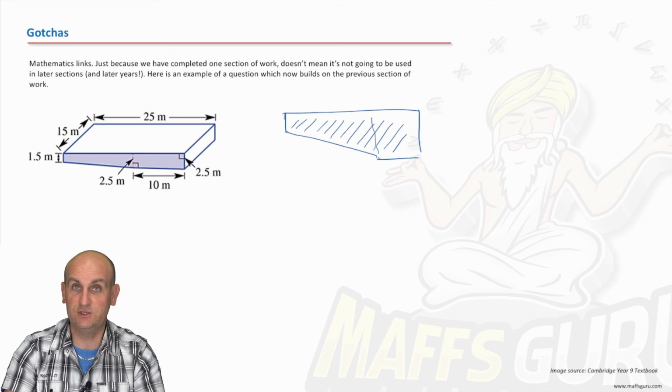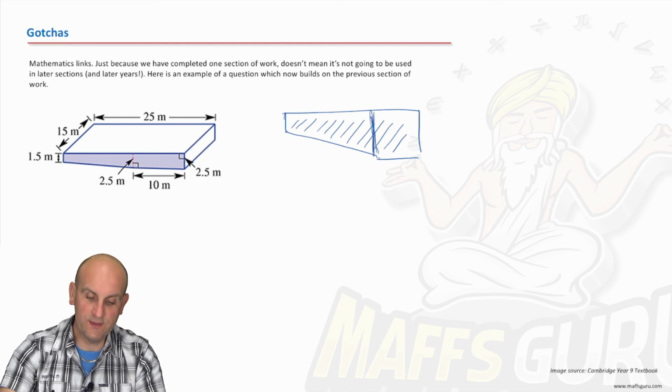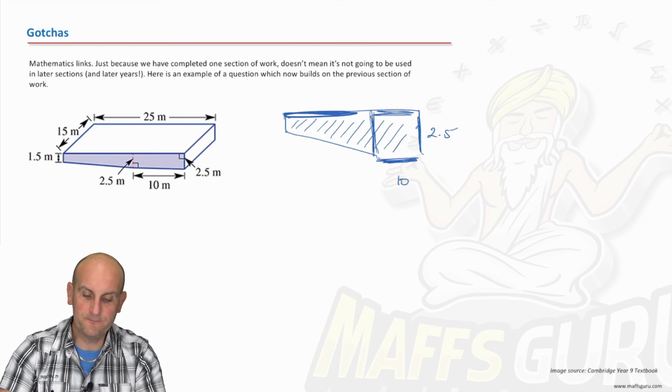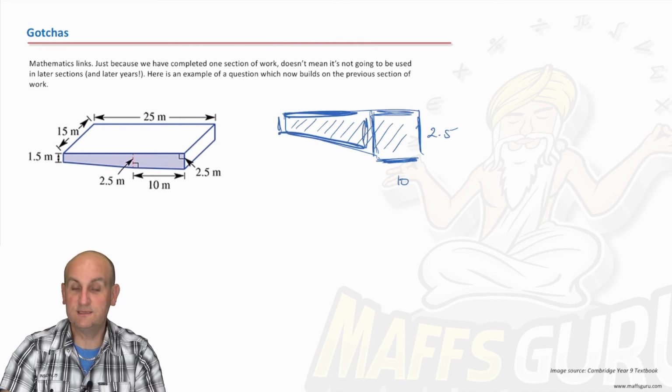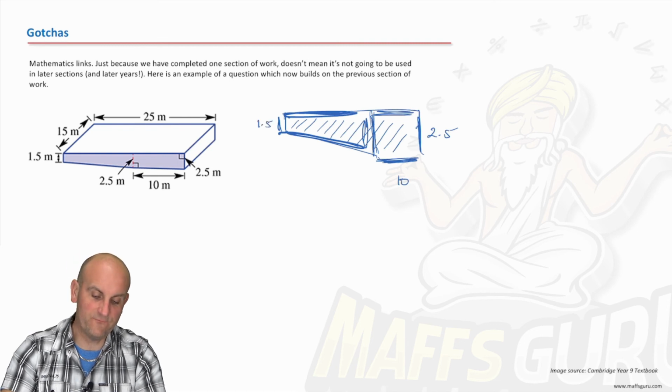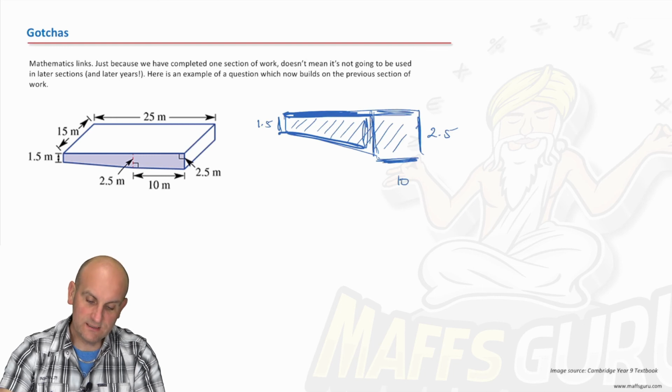Now, it's a composite shape. What you'll notice is you've got this shape here, which is a rectangle of 10 by 2.5, and you've got this shape here, which is a trapezium. Yep, so you've got your trapezium because that's 1.5, and you can find this distance here, and you know this distance here.